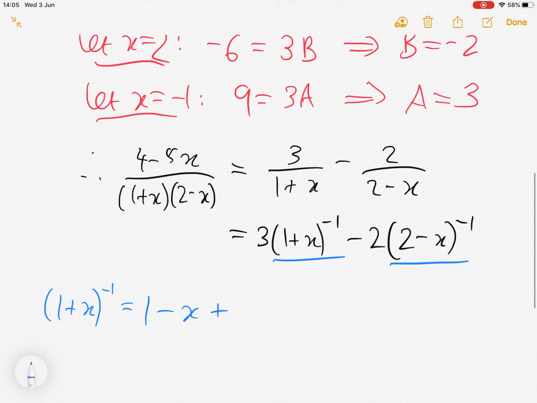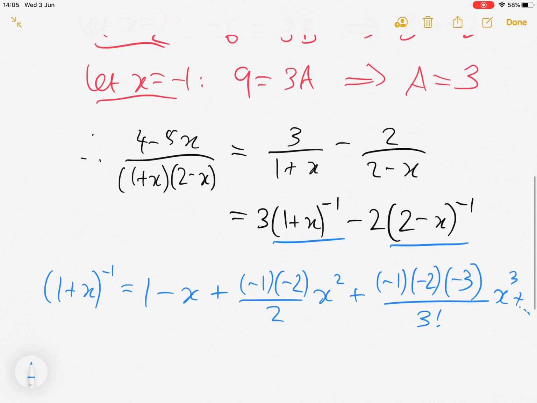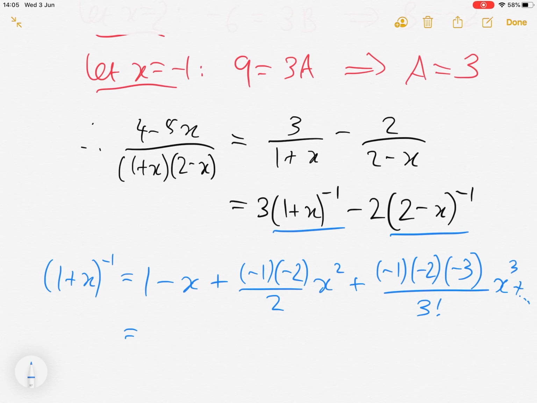And then the next term is n times n minus 1 over 2 times x squared. And then the cubic term is n times n minus 1 times n minus 2, over 3 factorial, x cubed. And we don't need to go any further than that. So we've got 1 minus x plus x squared minus x cubed.